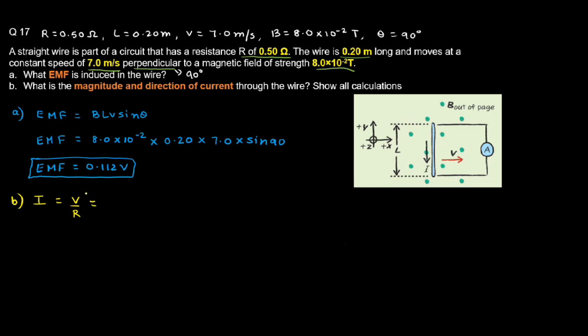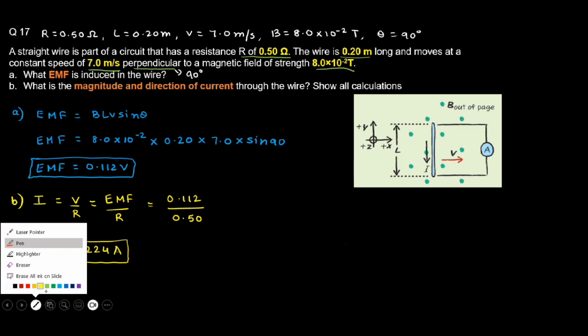So I will rewrite this expression as EMF over R. Let's substitute. EMF is 0.112 divided by resistance, which is 0.50. And when you solve this, you get the magnitude of current as 0.224 ampere. This is the current that is induced in the wire.